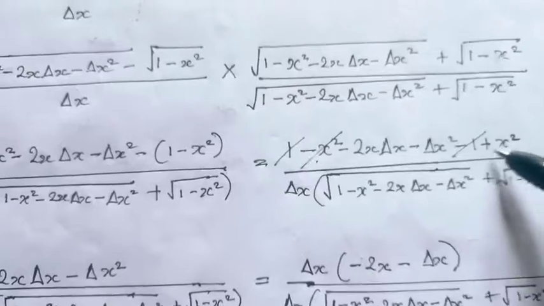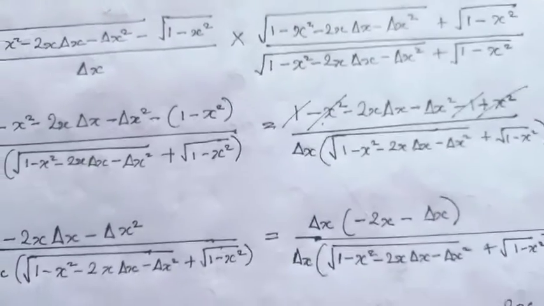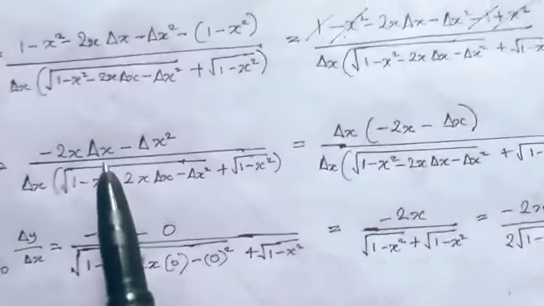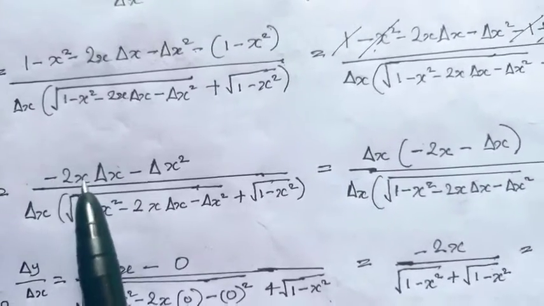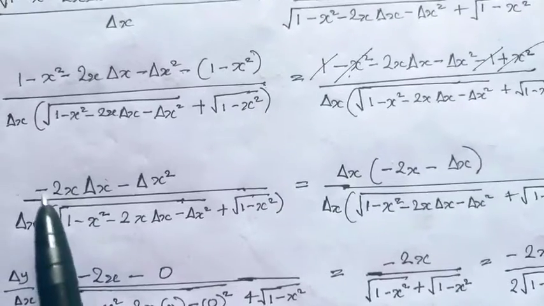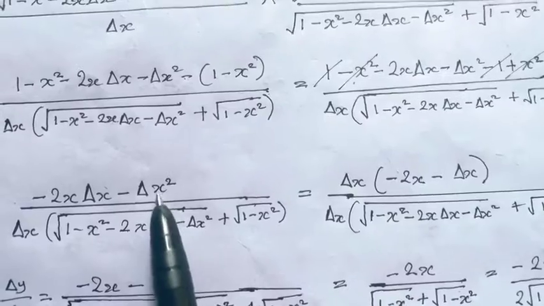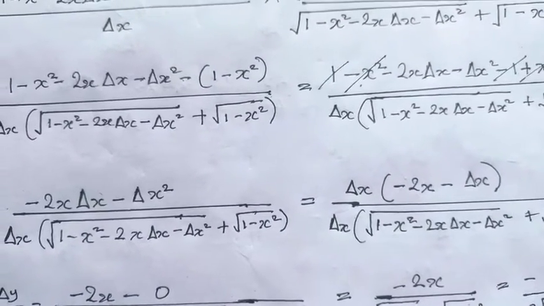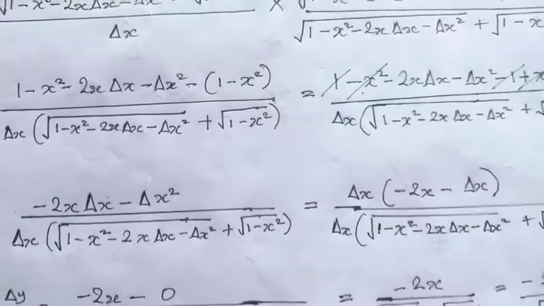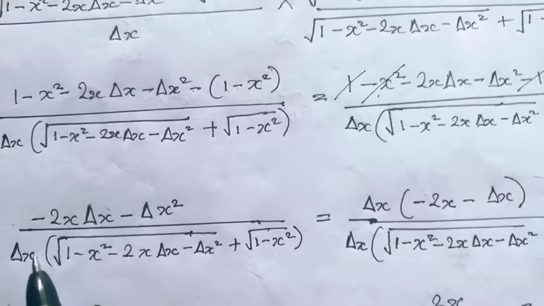So this negative x squared cancels out this positive x squared here, leaving me with a more simplified version of the numerator, which is negative 2x change in x minus change in x squared rather. I am using x and change in x interchangeably, so sorry for that. They all stand for the same thing.